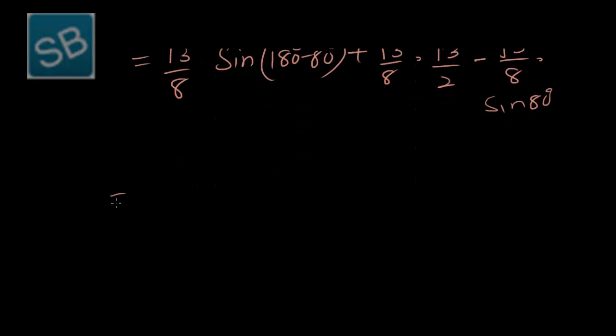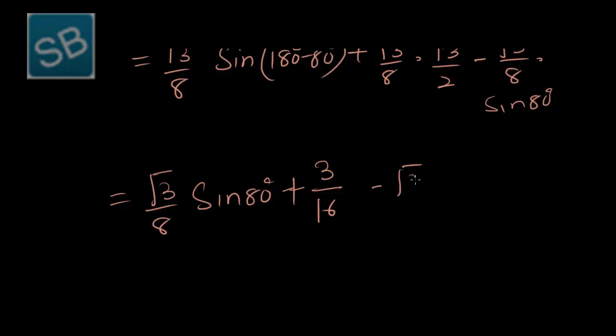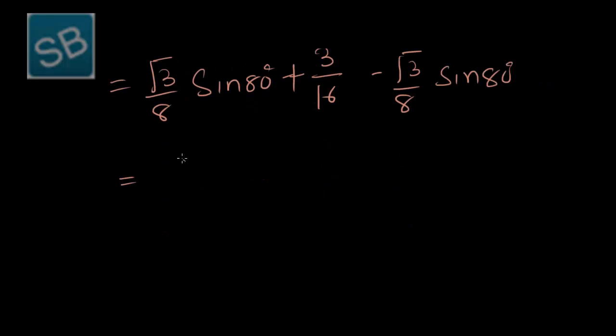So we get root 3 over 8 sine 100 degree, and sine 180 minus theta is sine theta. So it becomes 3 over 16 minus root 3 over 8 sine 80 degree. So we get 3 over 16, which is equal to the right hand side. So our result is proved.